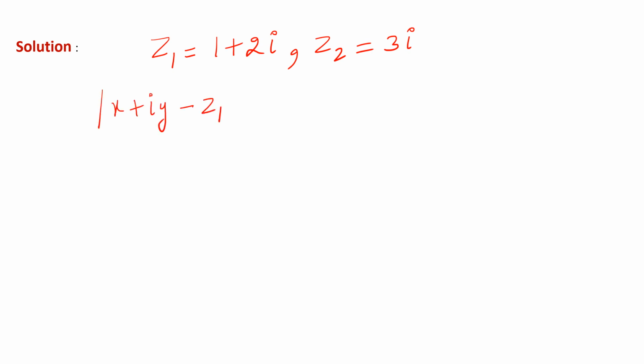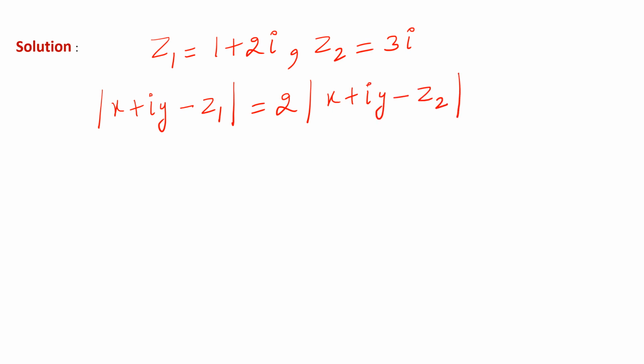Now students, in this question, we have been given two complex numbers Z1 and Z2, where Z1 is equal to 1 plus 2 iota and Z2 is equal to 3 iota. And the set S contains the ordered pairs x, y, where both x and y are real numbers, and mod of x plus iota y minus Z1 is equal to 2 times mod of x plus iota y minus Z2.